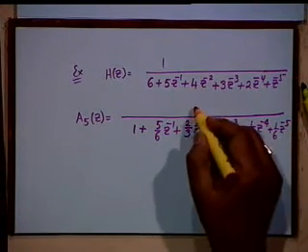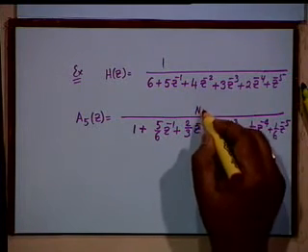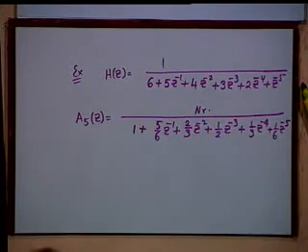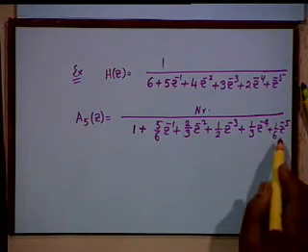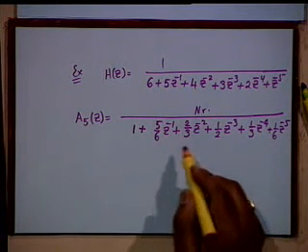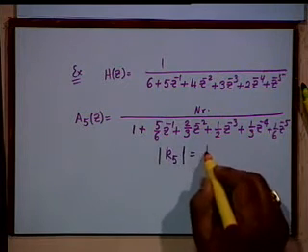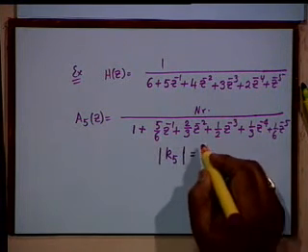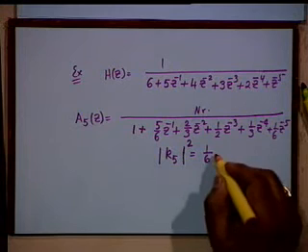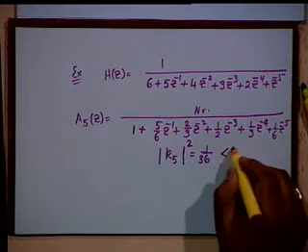So, the numerator you can write it down, 1/6 plus etc. But this need not be written, because all we are concerned with is the denominator coefficients, and you see that K_5 magnitude, K_5 which is equal to 1/6, well K_5 squared is 1 by 36, is less than 1.